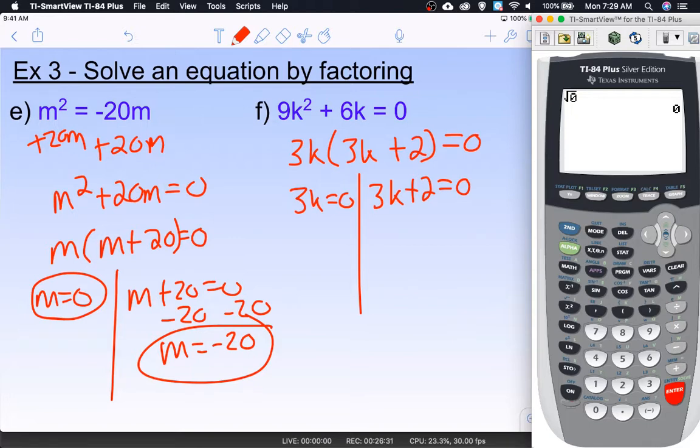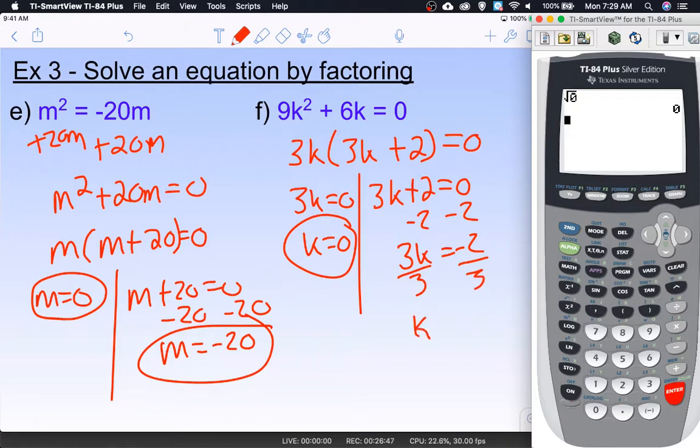Solve both. On the left, we get k equals 0. On the right, we would subtract 2 on both sides, and then we would eventually divide by negative 3. We get negative 2/3 as our answer.